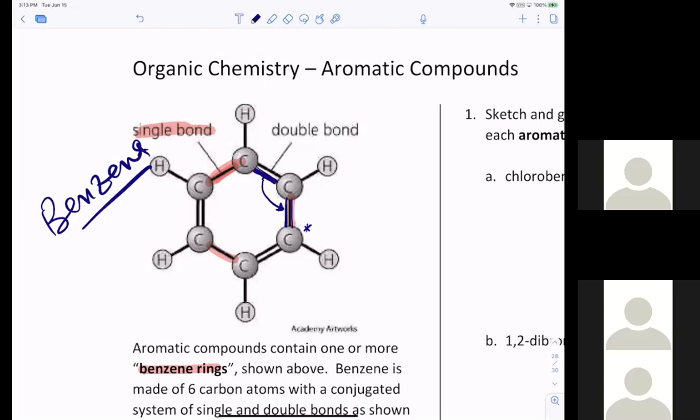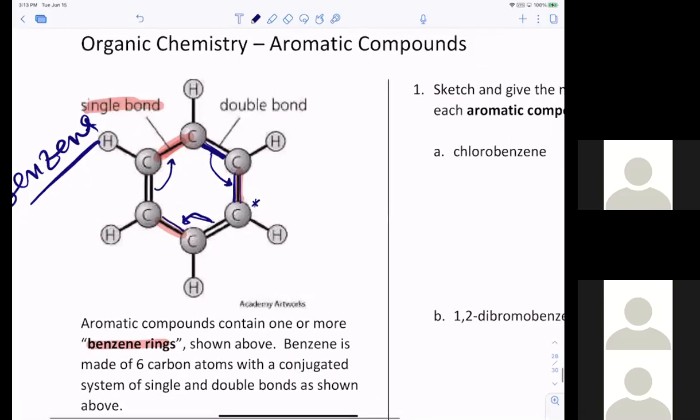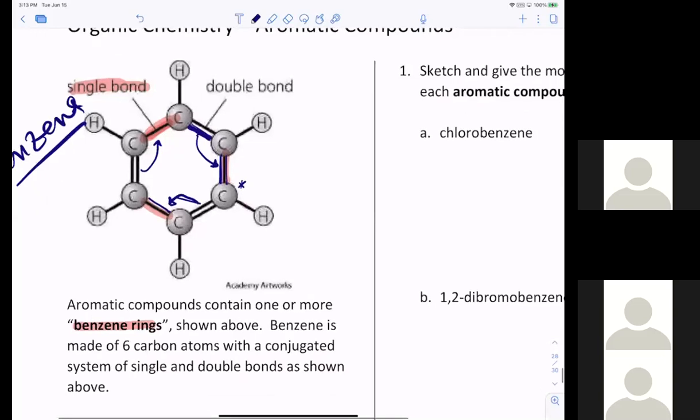Well, then the pair of electrons that are in the next double bond also move and form a new double bond there. But that just moves the problem, doesn't it? Then this other pair of electrons in a double bond also moves. And so what you'd end up getting is a new benzene ring with the double bonds like that, right?